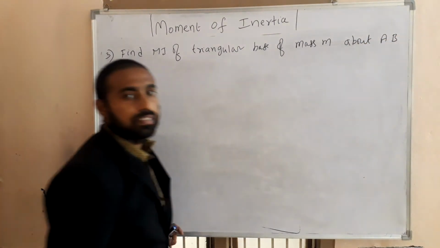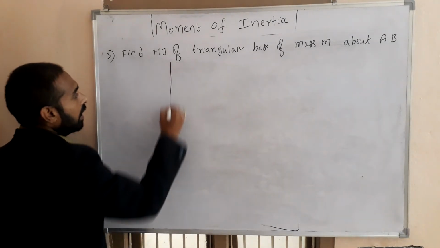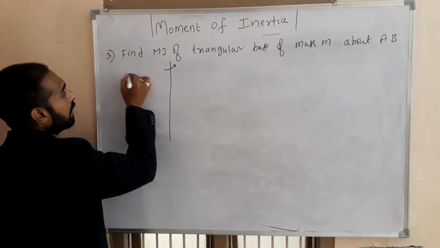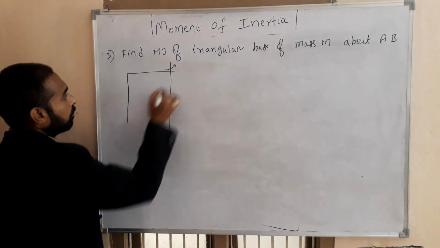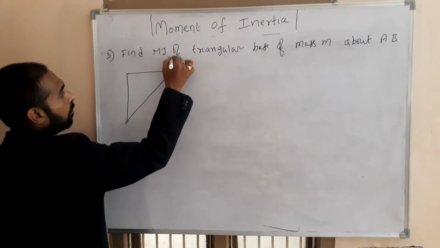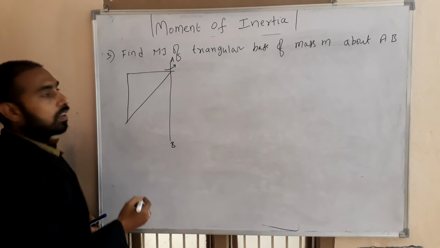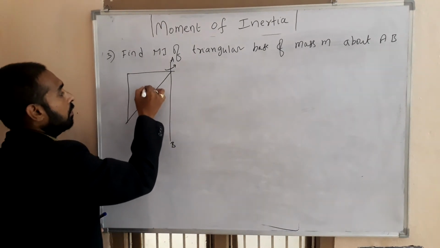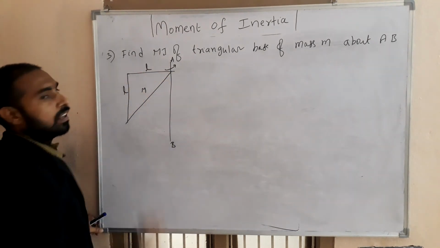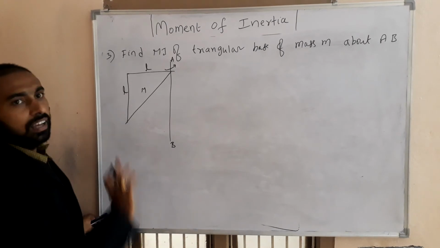About axis AB. Okay. So this is the given diagram, AB, and they are saying its mass is m and length is given as L in the given question.